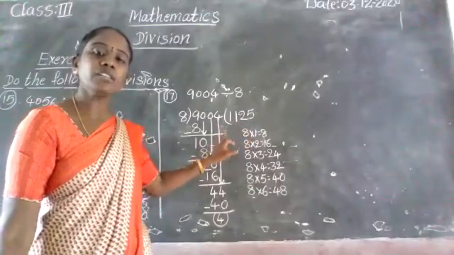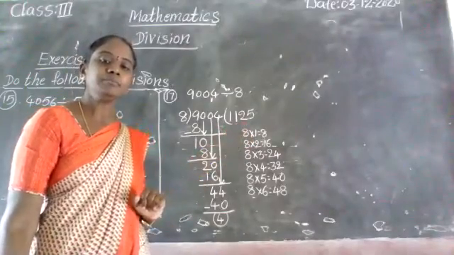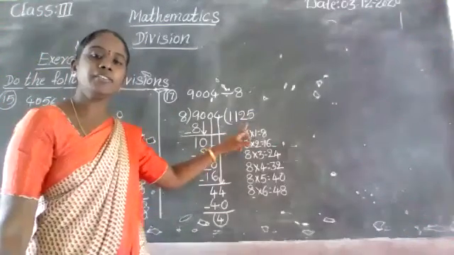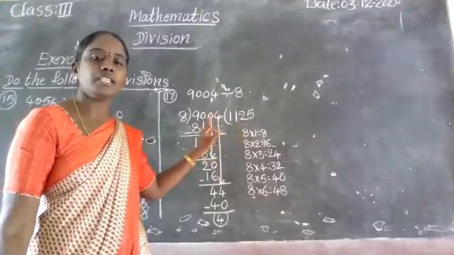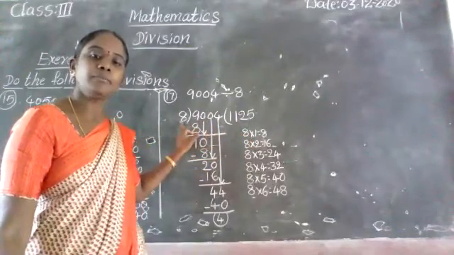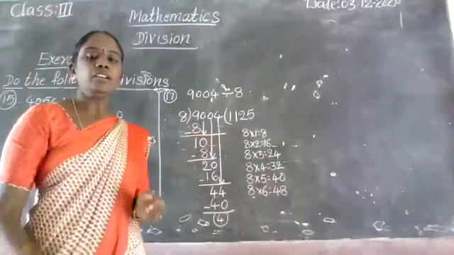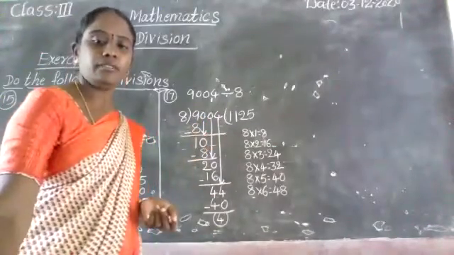1125, what is 1125, children? 1125 is the quotient. Here 8 is the divisor. 9004 is the dividend. Okay, Aruhi, do you have a doubt? Wait a moment.